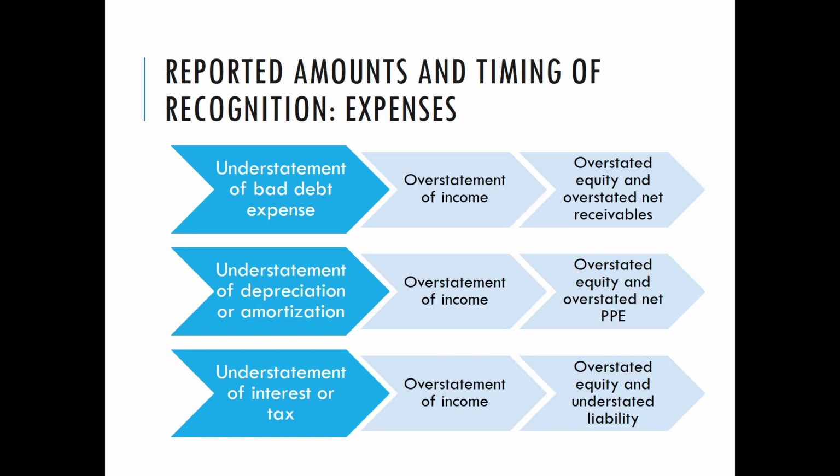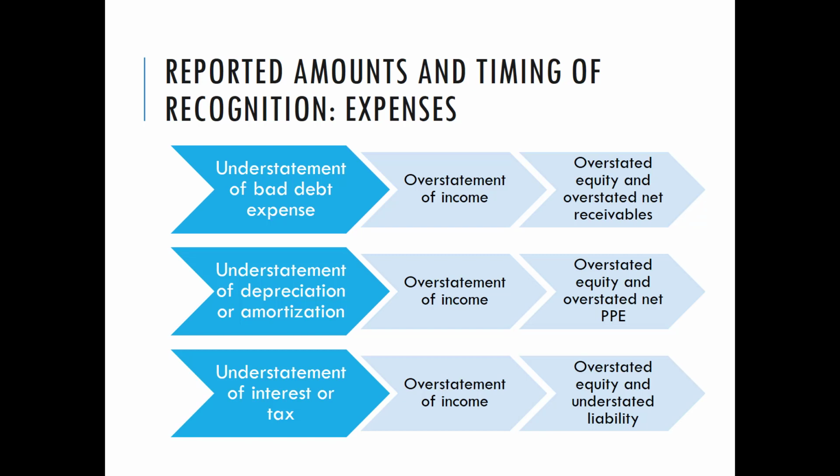And again, it would reverse in the future because you have to remember accounting is really just about timing. All we're doing when we're manipulating things is shifting things around in time. So if we overstate income right now, it's going to reverse in the future and lead to an understatement in the future. So you really can't escape the reversal effect.